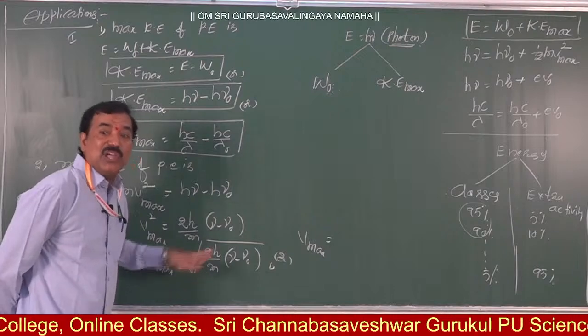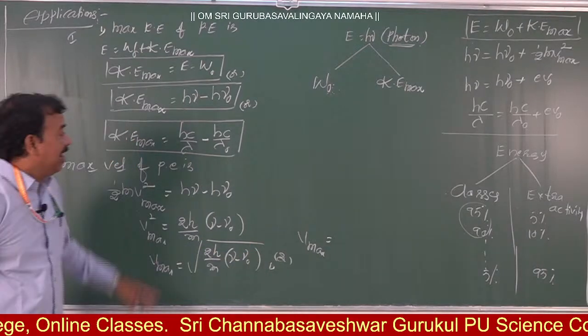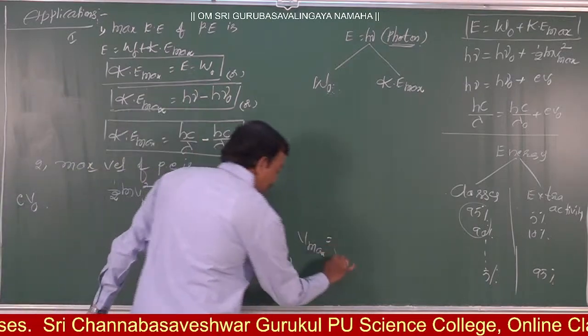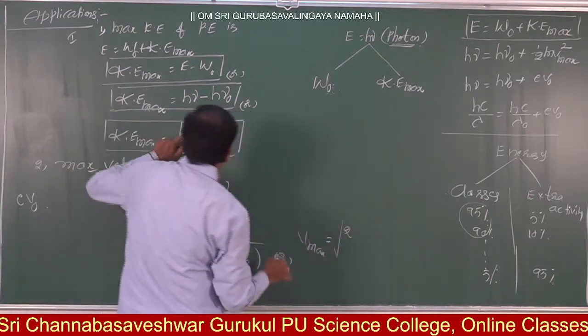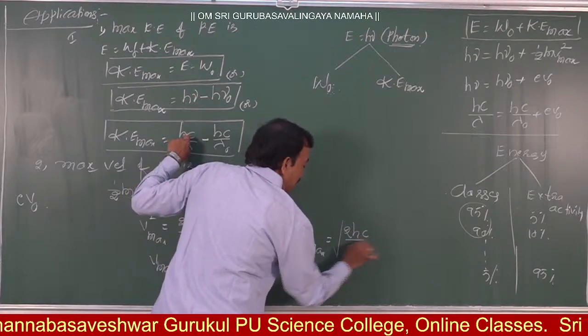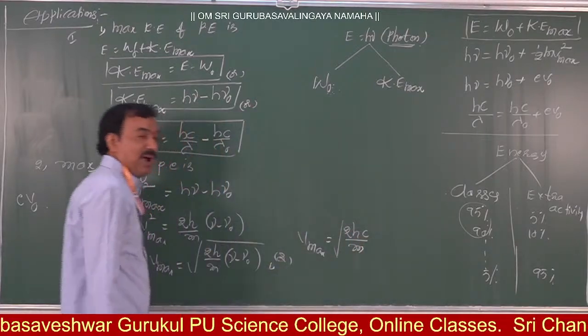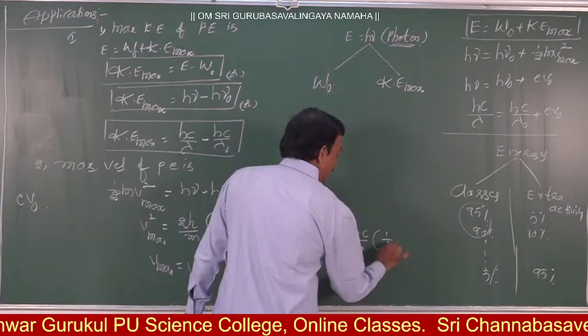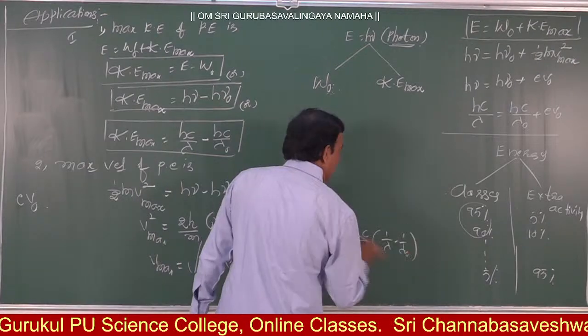Now in terms of the wavelength, I will give the direct equation; you have to use this formula. hc is common here, so this is equal to 2hc by m into 1 by lambda minus 1 by lambda naught.